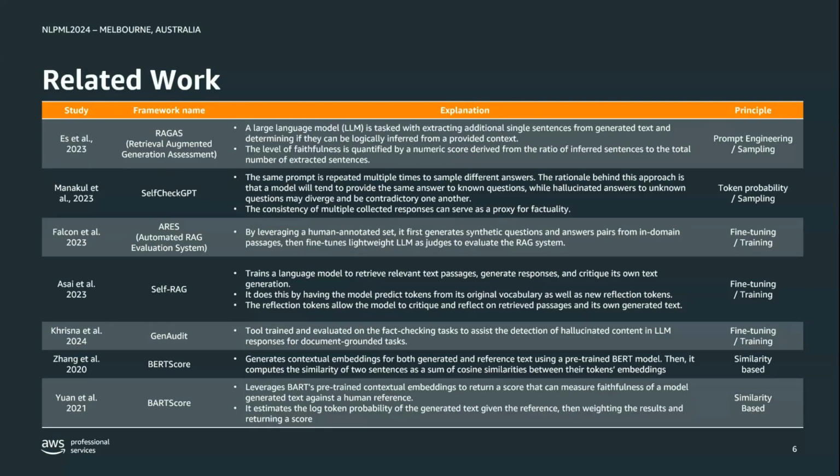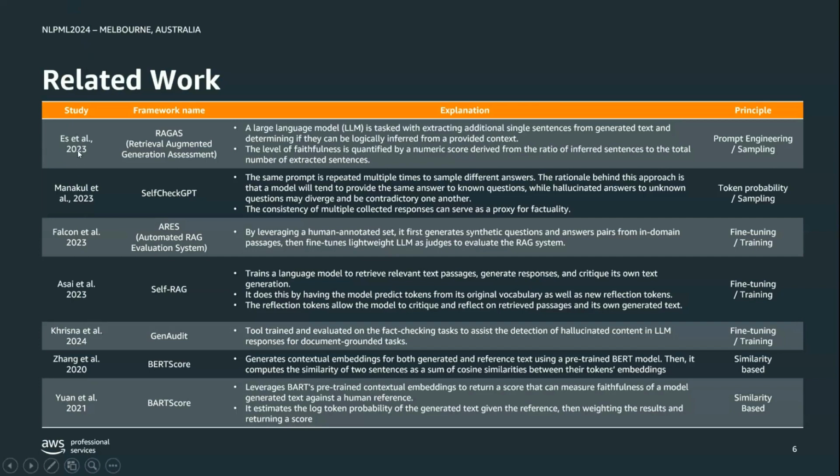It asks the model to sample different sentences from the generated text, and then provide an output which is a numeric value from 0 to 1, assessing factuality as the ratio between the number of contextual sentences and all the inferred sentences.